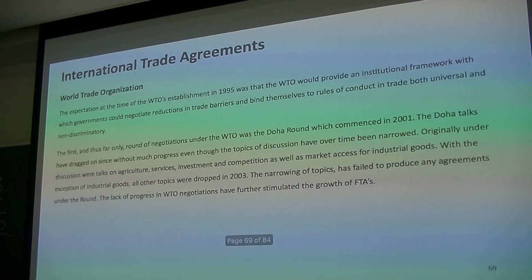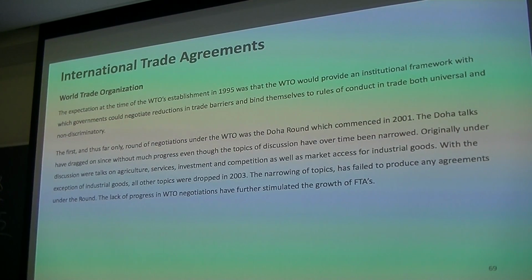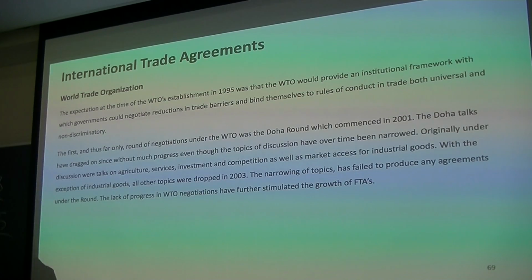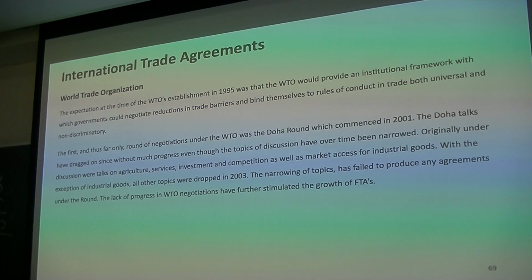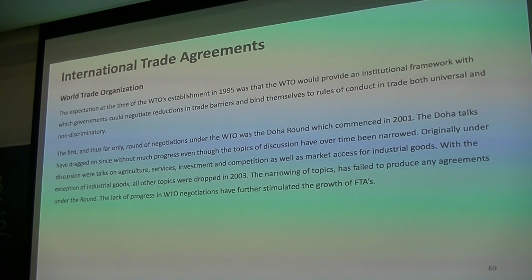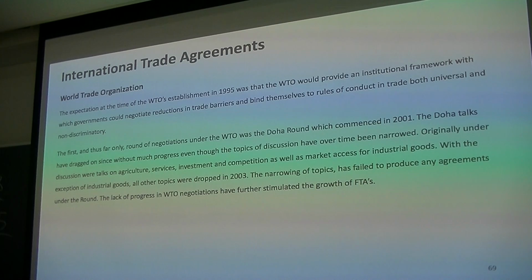But again, the problem was that the expectation was that the WTO would provide an institutional framework. So it was thought, okay, now we have this multilateral organization, we folded all these rules in, people are happy with that situation, we now want to use this multilateral organization to expand world trade and expand the agreements.